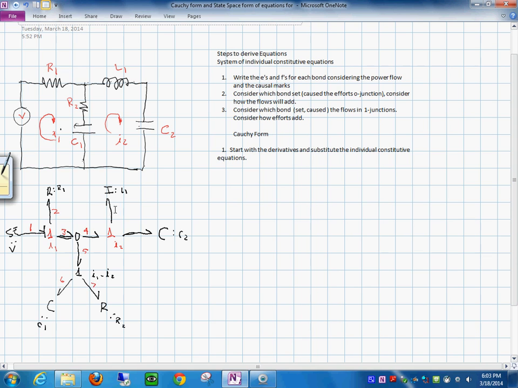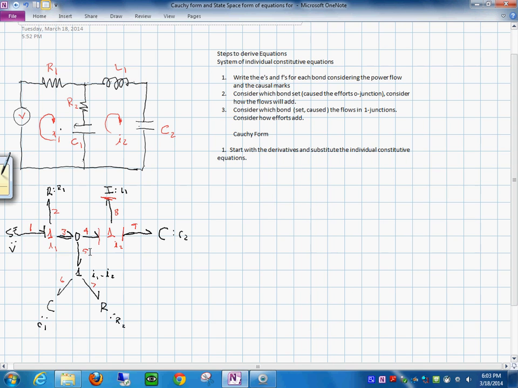Let's see, 7, 8, and 9. Once we have this and the causal marks, we need to complete this one like this, which makes this flow into the one junction, and makes the other ones like this.